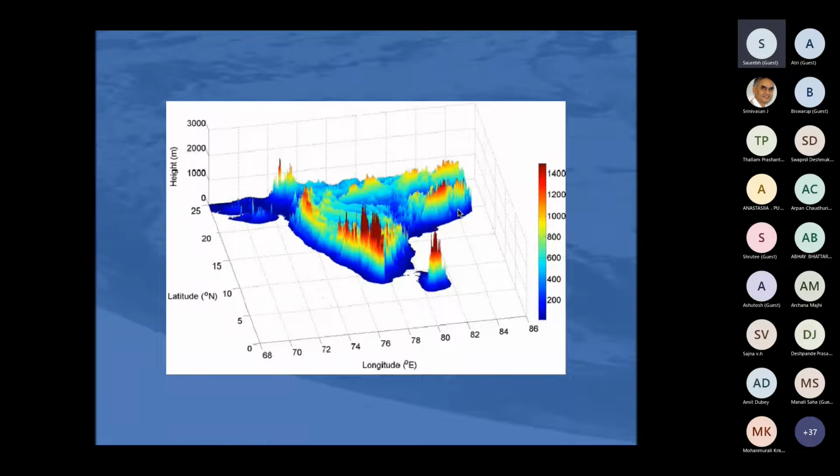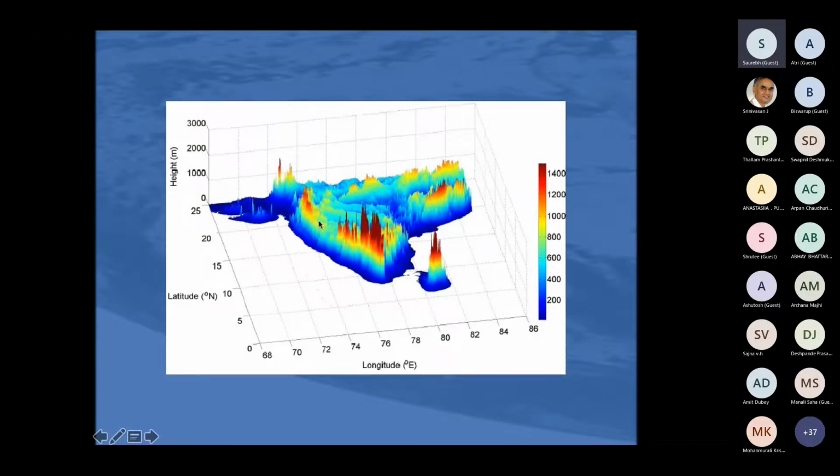Now, this is a picture of the topography, right? Wherever there is red, it is very high. What you see here is the Western Ghat mountain ranges, right? During the northeast monsoon, we have winds blowing from the land to the ocean. In this region, because of the mountains, the winds are blocked, and on this side, the winds are weak.